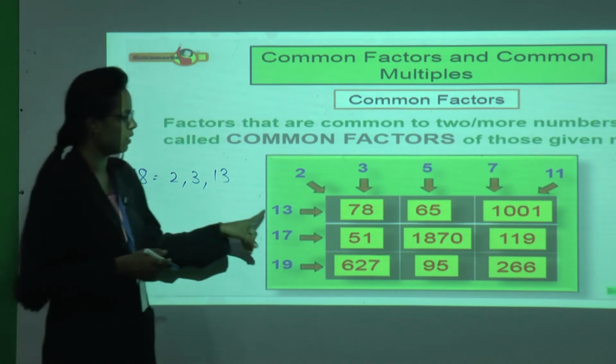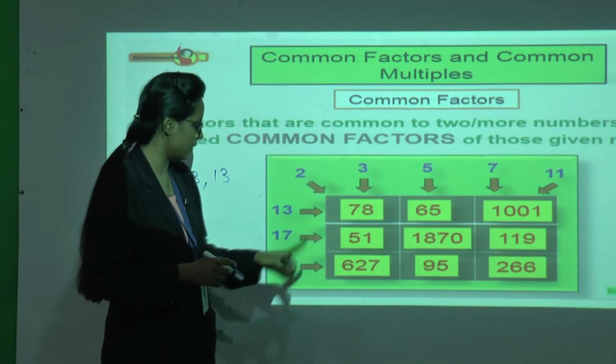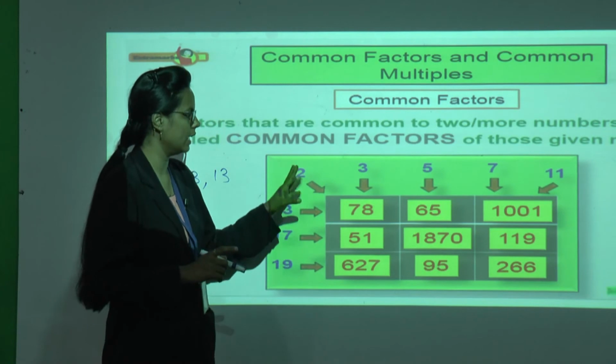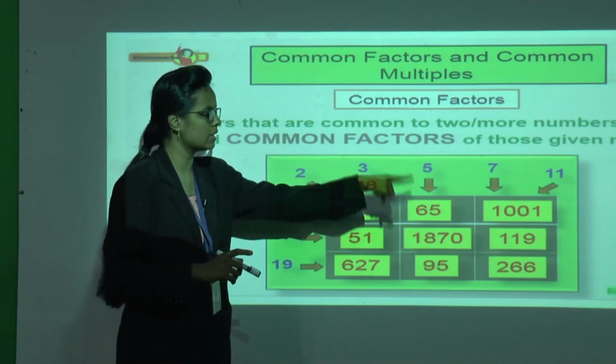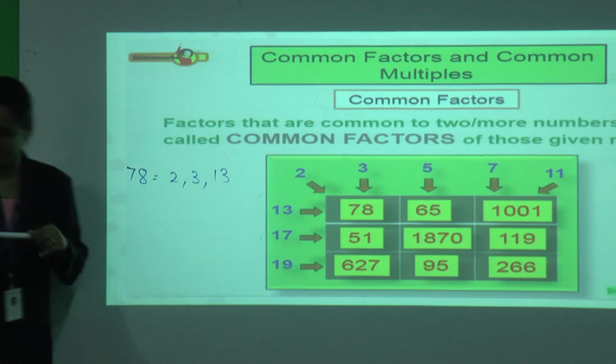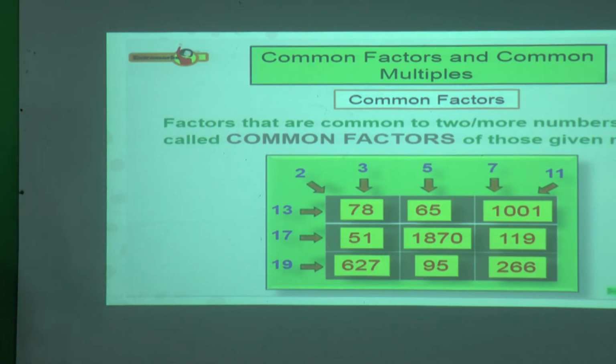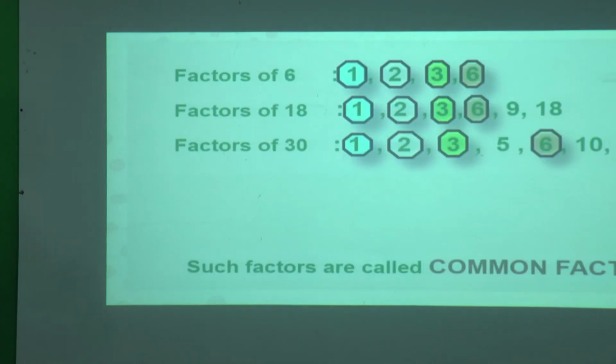For example, these are the factors of 13, these are the factors of 17, these are the factors of 19, 3, 5, 7. In this way the factors are there. Let us see this in detail by solving an example.